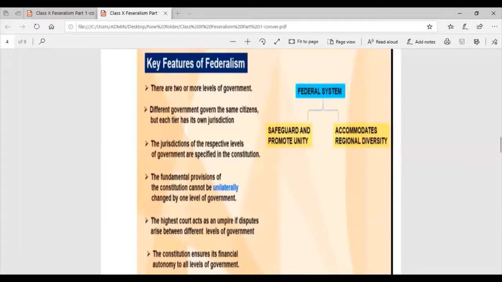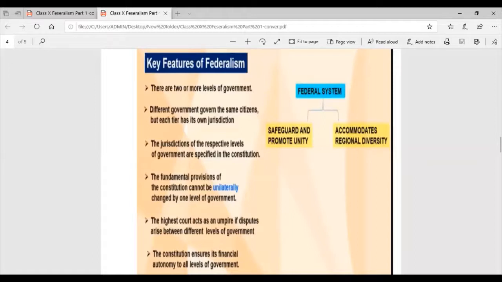And the next point is explaining that the Constitution ensures financial autonomy to all levels of government. Autonomy means independence. In order to ensure financial autonomy, federalism provides specified sources of revenue for each level of government.